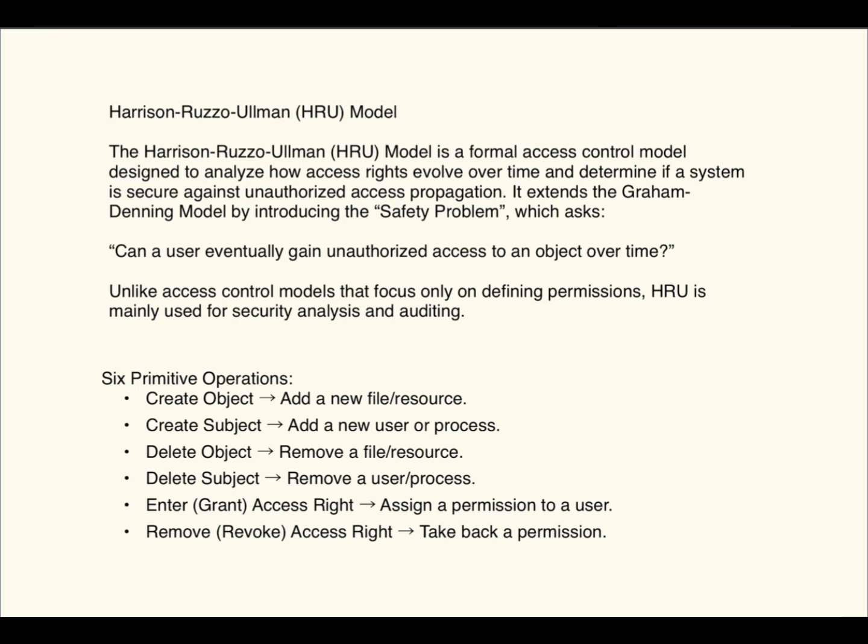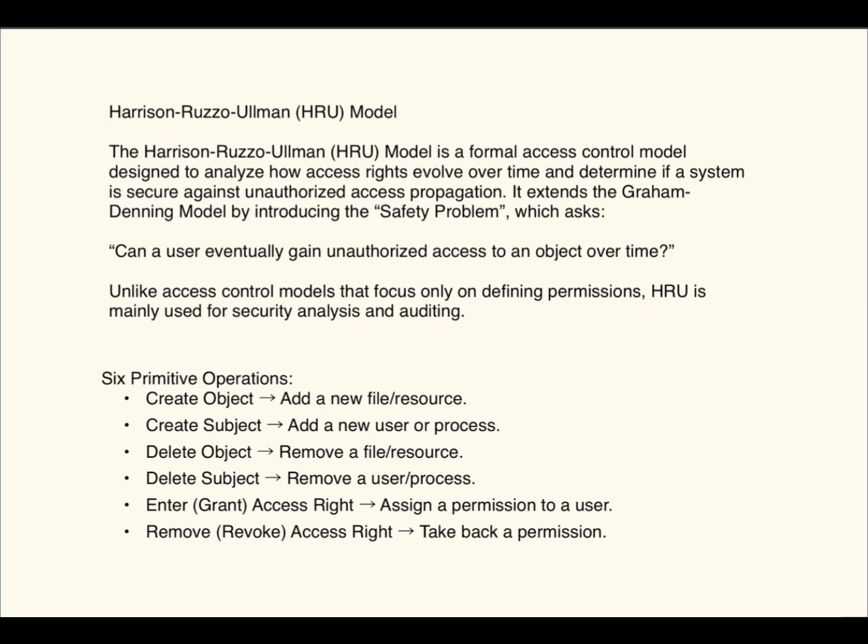The access control matrix is created and updated manually or automatically. Each access change, grant, revoke, create, delete, modifies the matrix. Security analysts use the matrix to check for unauthorized access propagation.